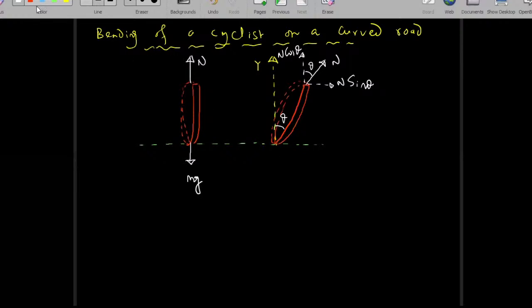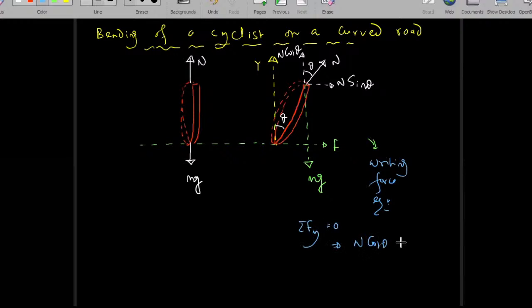The other force acting on the system, vertically downward, is mg, correct? And suppose this is F. Now try to understand if I write the force equation. Summation of Fy is equal to 0. From here I will write N cos theta is equal to mg.